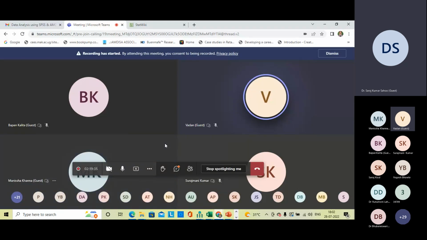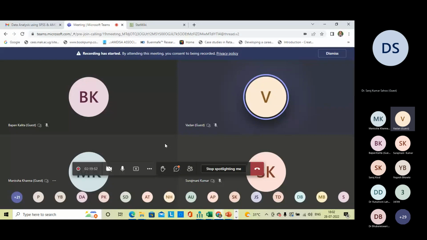In my research, the 5 constructs I will take. I will not take one at all. I will take 5. Just to test Harman's single factor theory, I have specified one.